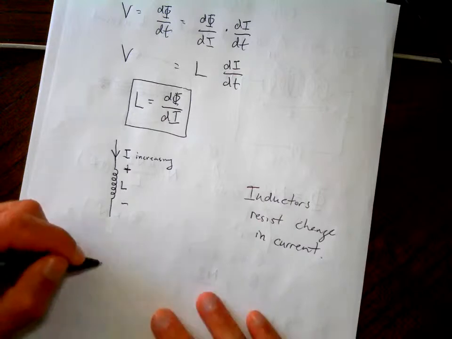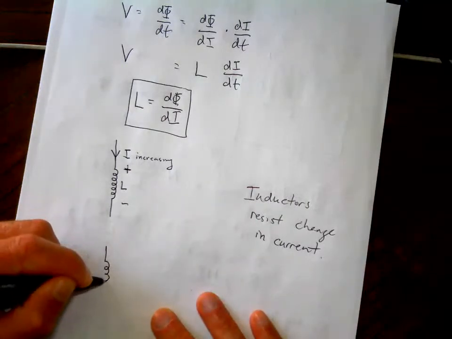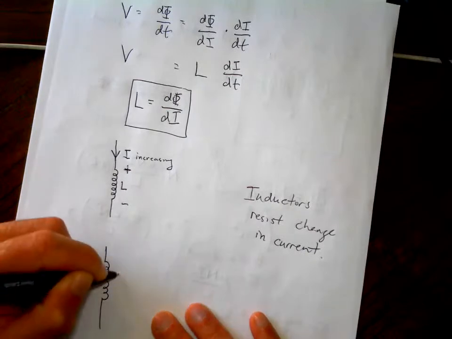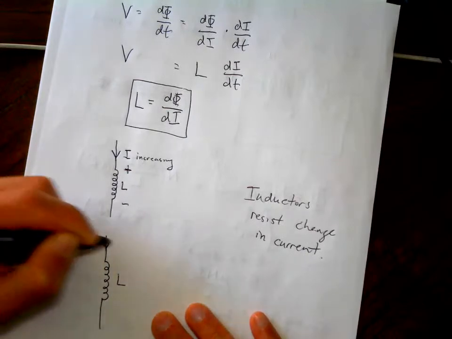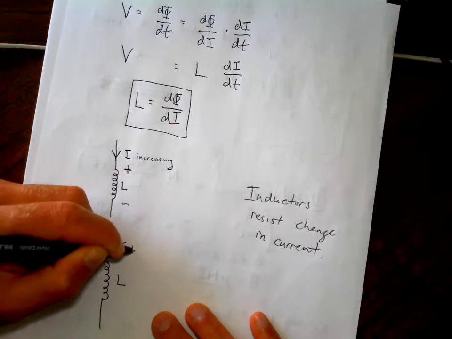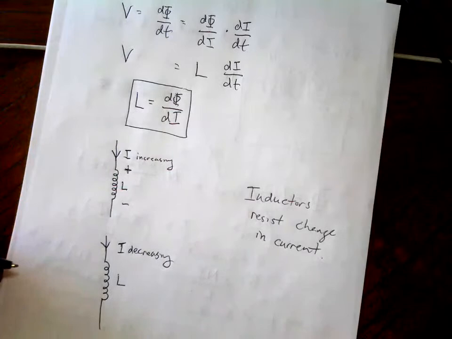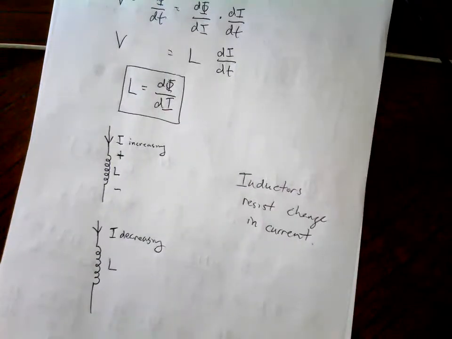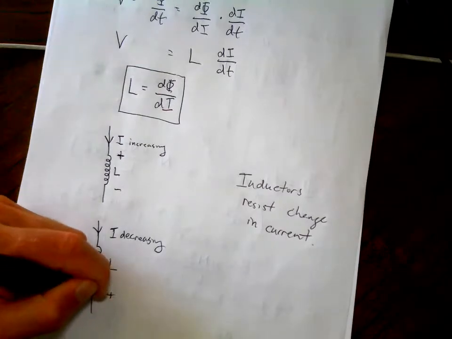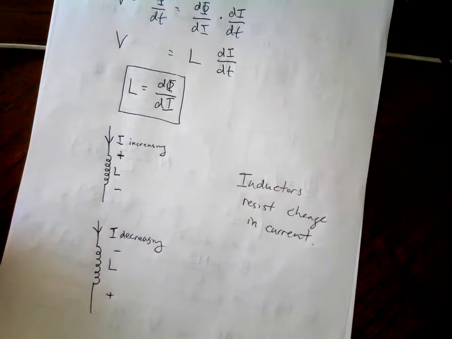Alternatively, what if we had a current flowing through the inductor, and this current was decreasing? Inductors resist the change. So the inductor is going to say, whoa, keep the current coming, and it's going to behave like a battery that goes in the opposite direction to try to keep the current going. So inductors resist changes in current.